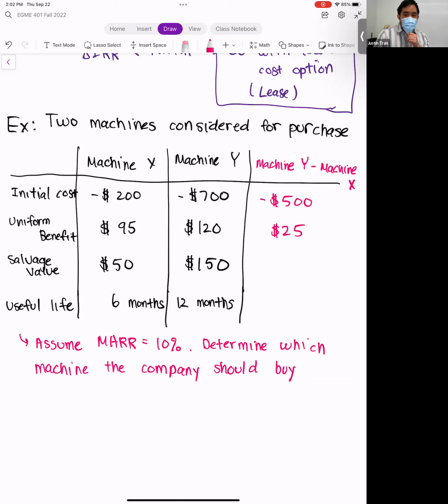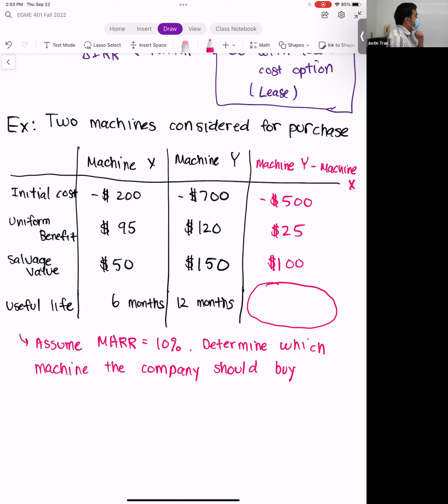For the uniform benefit, that's going to give us a difference of $25. For the salvage value, we have 150 minus 50, which gives us 100. And then finally for the useful life, we're going to apply the same rules that we did for present worth analysis, where we take the least common multiple of their product lives.